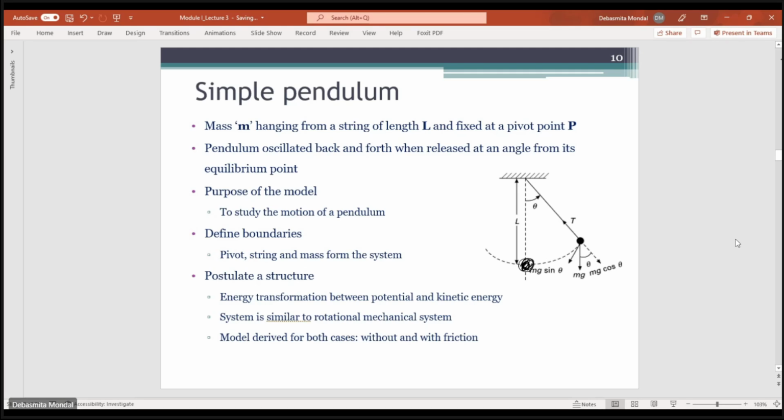Let us say the angle theta is between the equilibrium point and the point from which you start to release the pendulum. So if you take the pendulum to this point at an angle of theta and then release it from here, it will oscillate back and forth. It will move all the way till here.